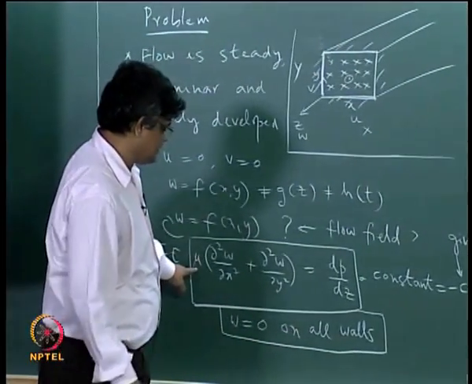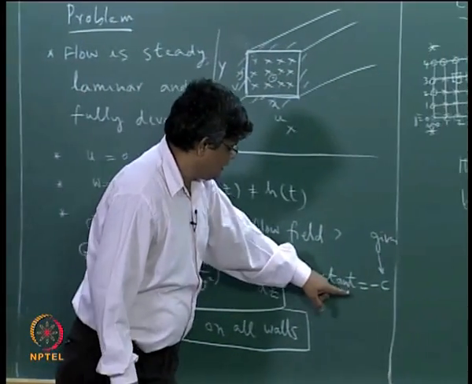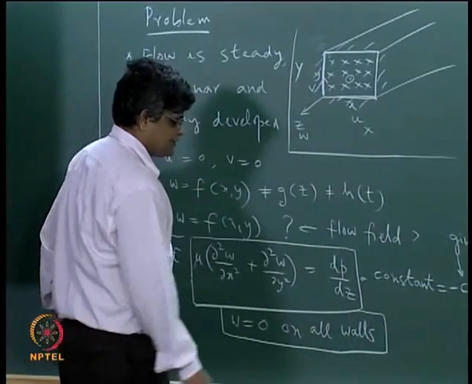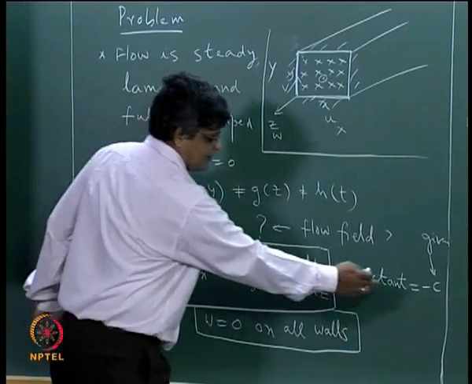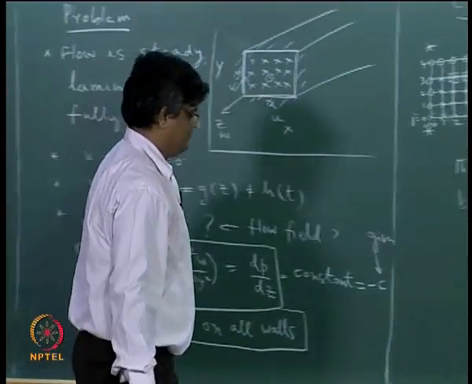For the sake of simplicity, we put 1 by mu dp by dz as some constant c1.